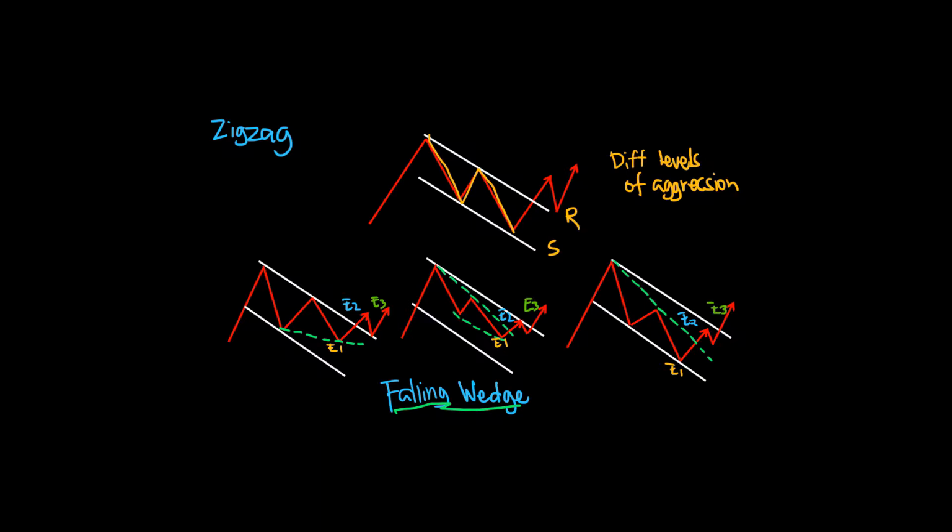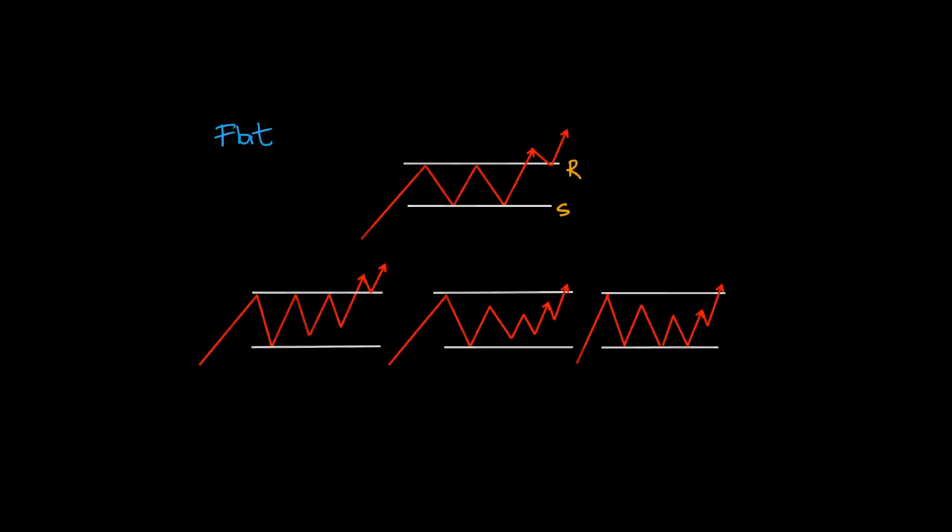Now let's take a look inside flat patterns bounded by our DCS. You see, even inside flats, we also find varying levels of aggression. What that means is when you have a more than usual aggressive buyer, you eventually come up with a pattern that classical technicians call an ascending triangle.